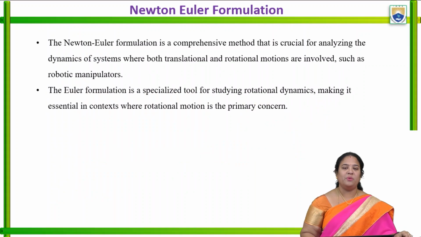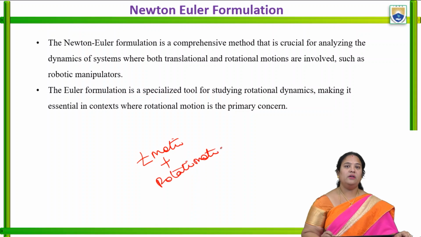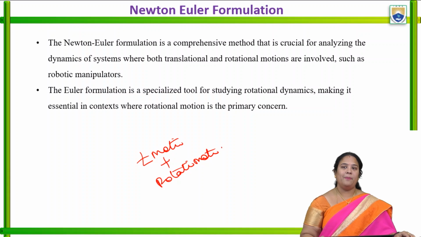The Newton-Euler formulation is the method which is used for analyzing both the translational motion as well as the rotational motion. So the Newton-Euler formulation is a method used to analyze the dynamics of both motions, whether it is a translational motion or a rotational motion of the robot manipulator, right?